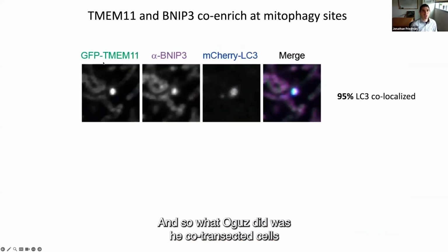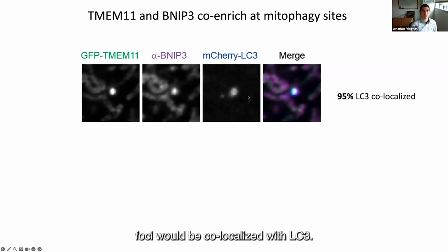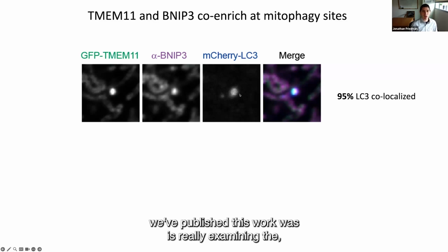And so what Oz did was he co-transfected cells with TMEM11 as well as LC3, and then he'd fix and stain for BNIP3. And what we saw was that almost every time we saw a BNIP3 foci, TMEM11 would be there about 3/4 of the time, and then 95% of the time, a BNIP3 foci would be co-localized with LC3.